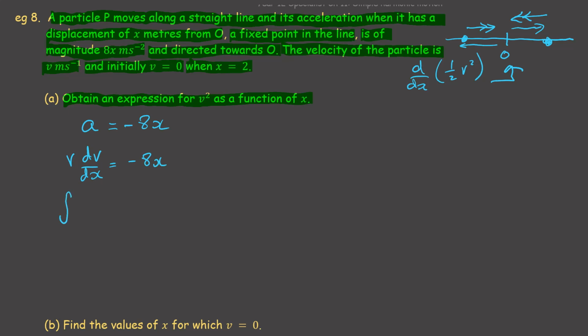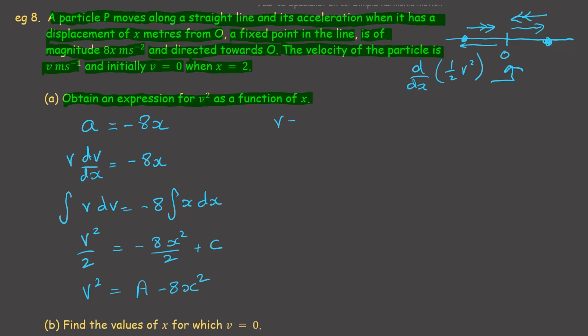So we get the integral of v dv is equal to negative 8 times the integral of x dx. And so v squared over 2 would be equal to negative 8x squared over 2 plus a constant. That gives me v squared is equal to a constant, take away 8x squared.